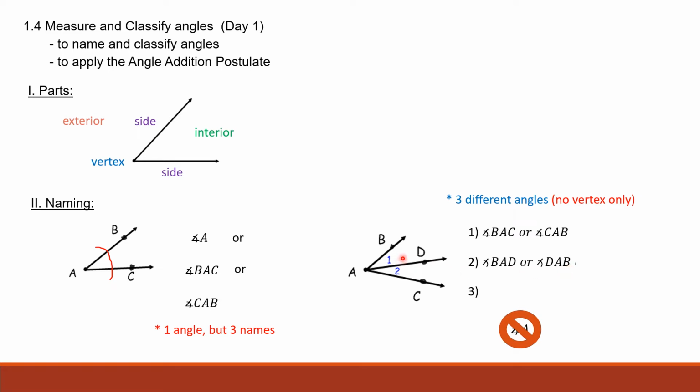So why is this 1 here? Because if there are numbers inside, they're not a value, they're not a degree, they are a name. So you could actually also call this angle 1. So then the bottom, we can start with the points, angle DAC, or go back in the other direction, angle CAD, or we can call it angle 2.